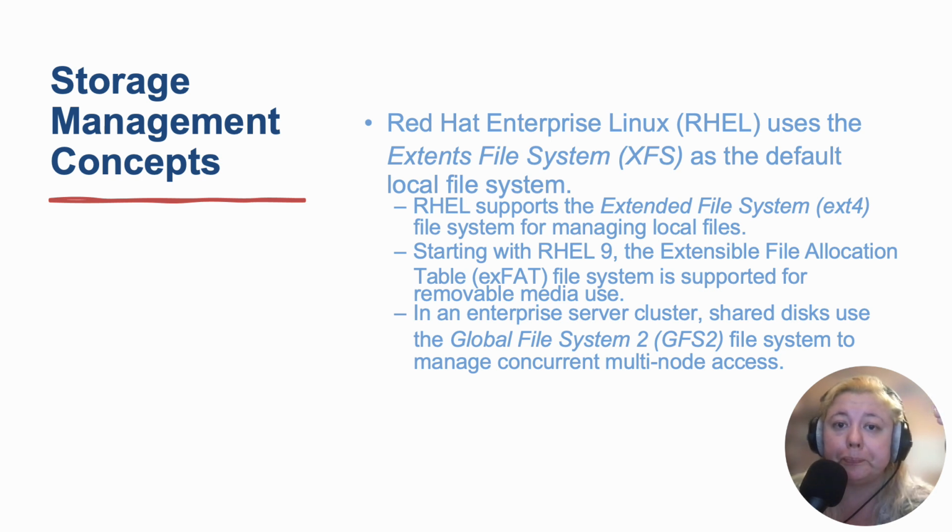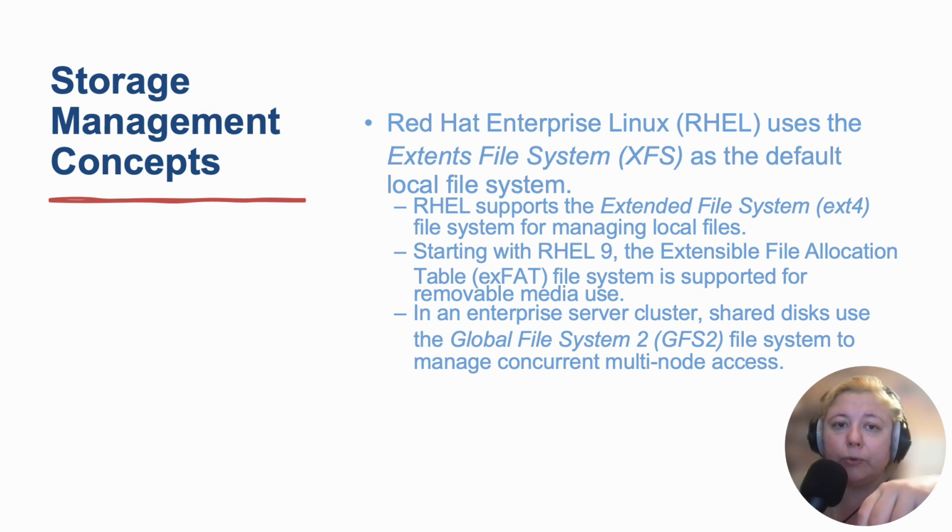That's why the file allocation table, or FAT, is one that can work with both operating systems. Actually, not just both, Mac OS as well. The current version is exFAT.